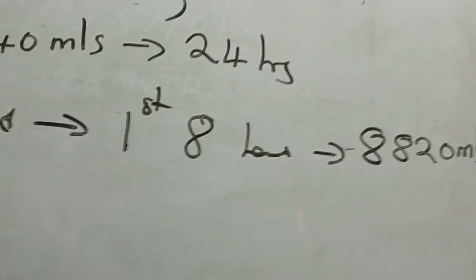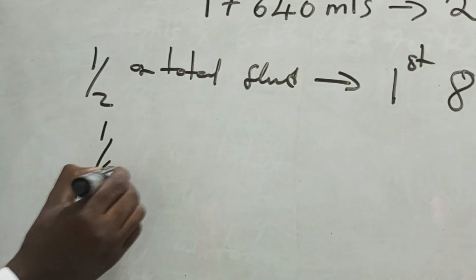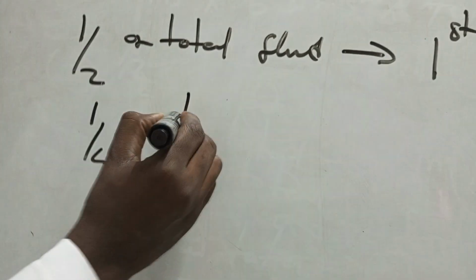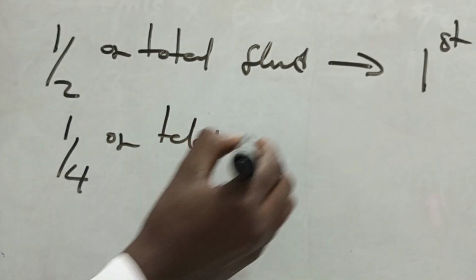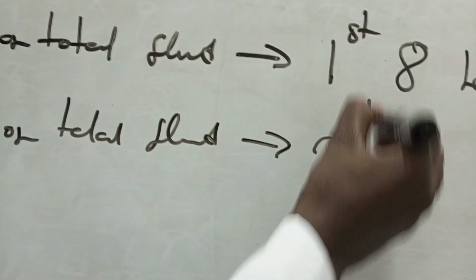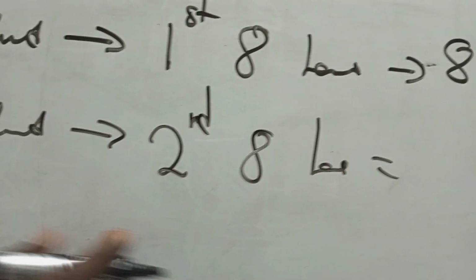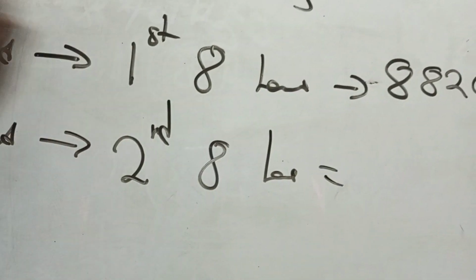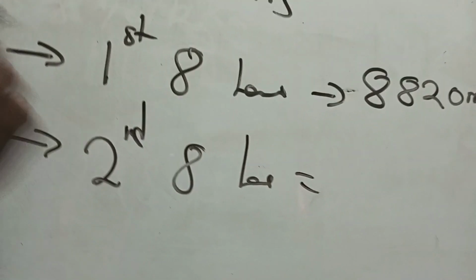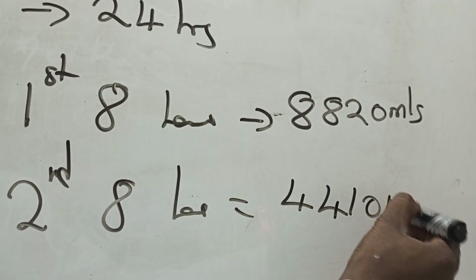Then it also states that a quarter of the total fluids you give in the second 8 hours. Okay, so the quarter of the total fluids here is 4,410 mils.